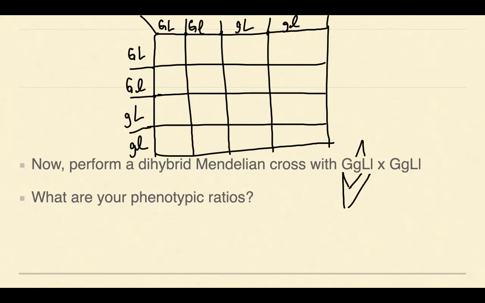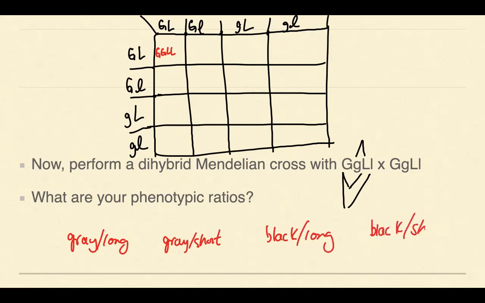All right, so what have we got? We've got all big, and they want phenotypic ratios. So we need gray long, gray short, black long, black short.